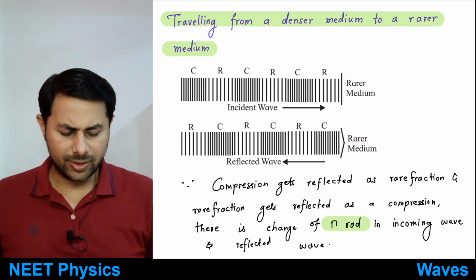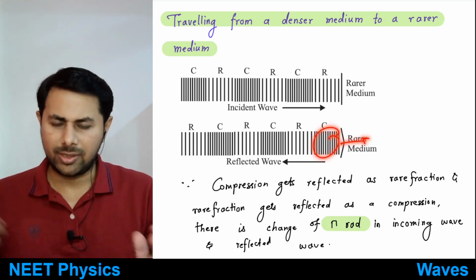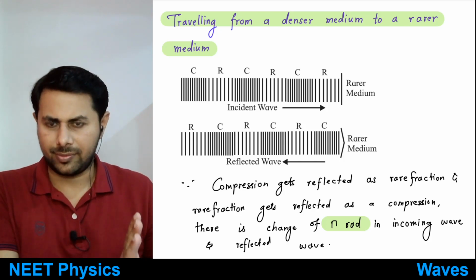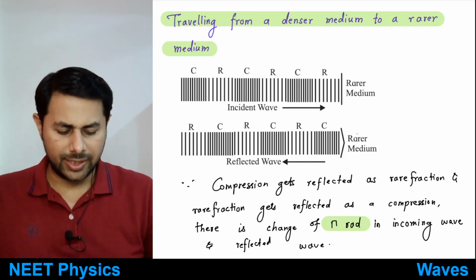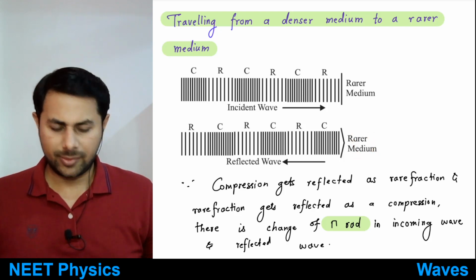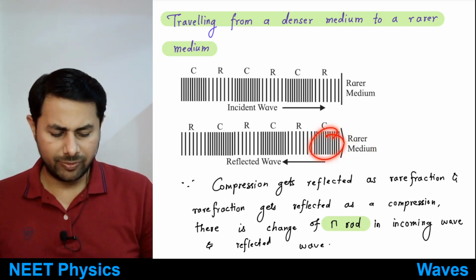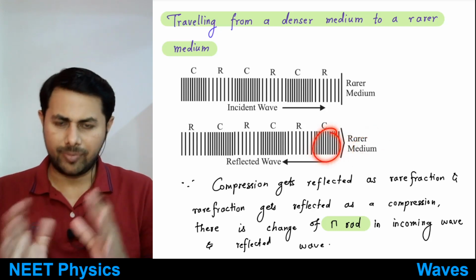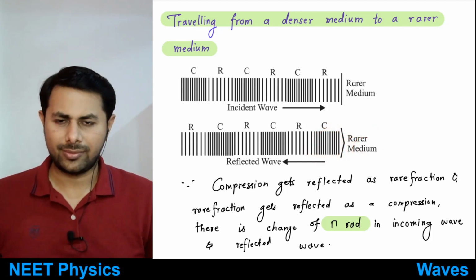right? This thing is clear. This compression has some space to travel into the rarer medium. This compression can enter the rarer medium, okay, because density over here is very small, right? So the compression will enter the rarer medium, and what will remain there if compression enters the rarer medium? Rarefaction will remain.